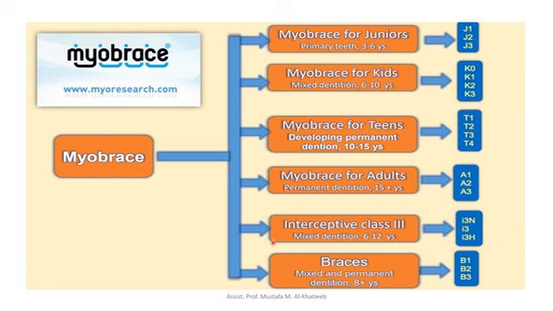Another type, Interceptive Class 3, is used for the mixed dentition between 6 to 12 years old: Interceptive 3, and Interceptive 3H. The braces are for mixed and permanent dentition above 8 years old. It also has 3 divisions.